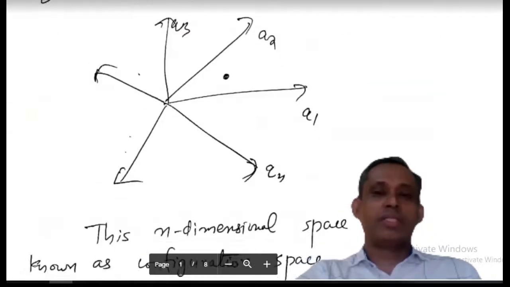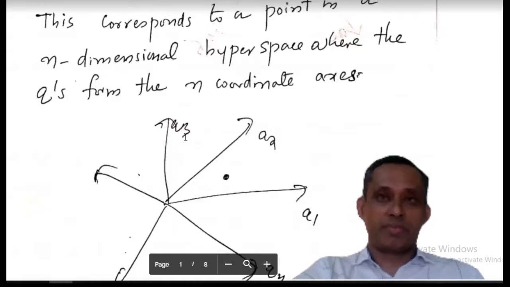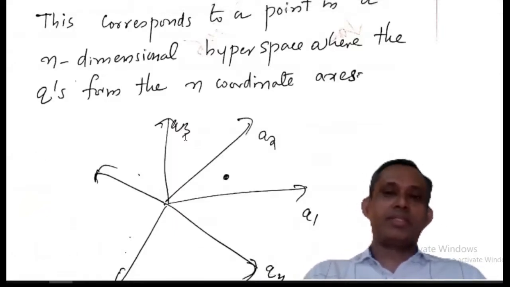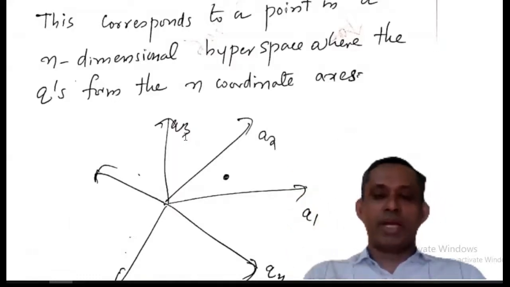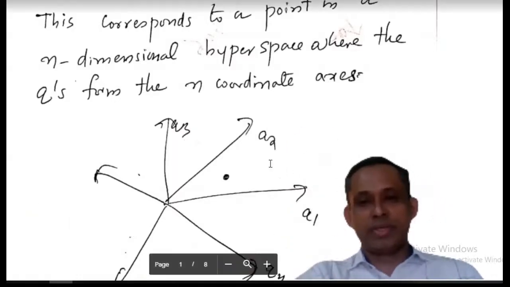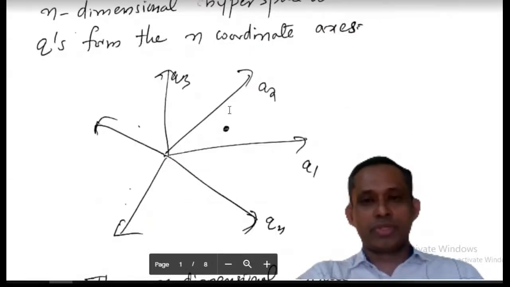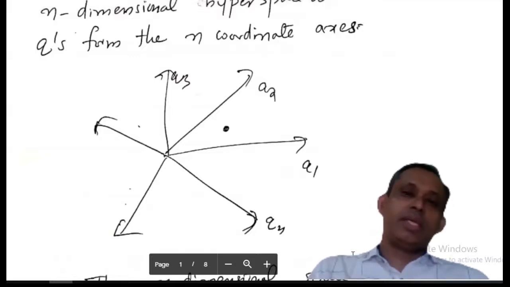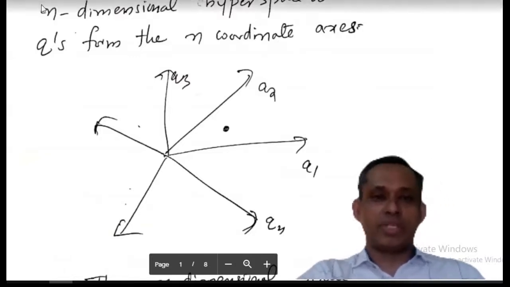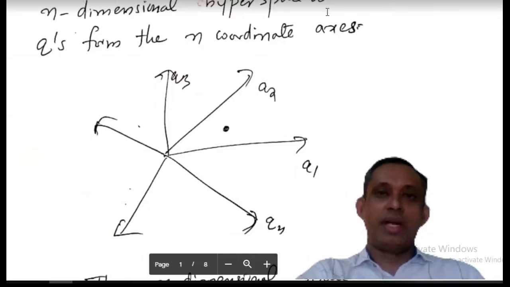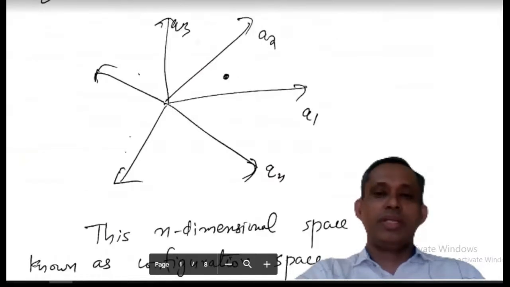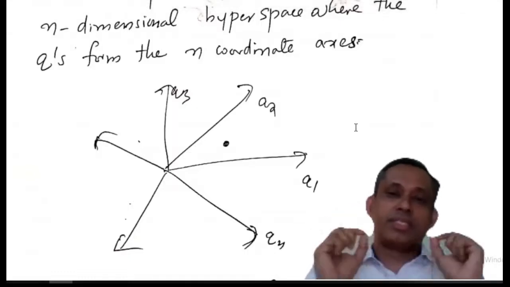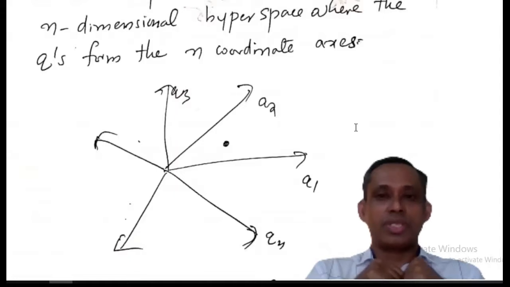Now if we consider an n-dimensional hyperspace where q1, q2, q3, qn form the axes, then a point in that space will represent the instantaneous configuration of the system.